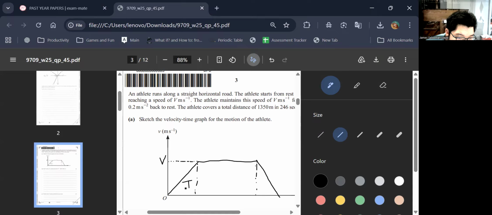So this is part 1. This is when it's accelerating. This is part 2 with constant speed, and this is part 3.